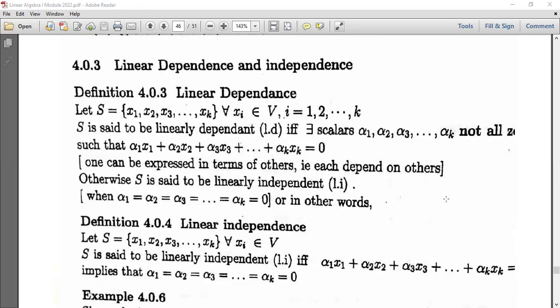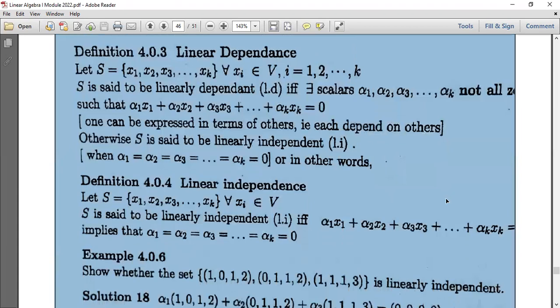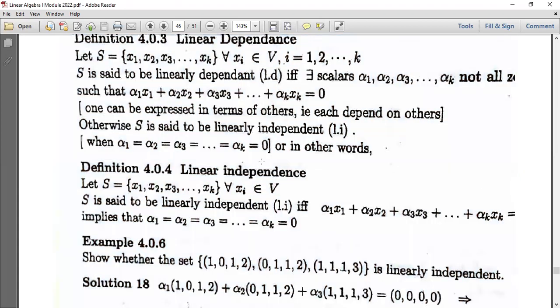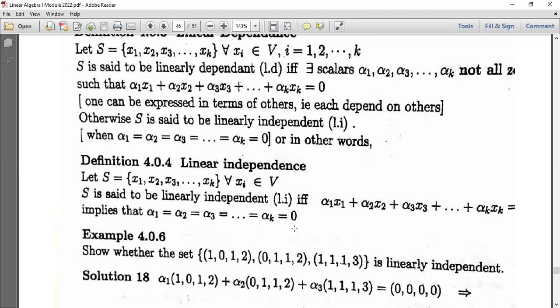Now, linear independence: we have a set S as usual, then S is said to be linearly independent if and only if this linear combination equals 0. There's a 0 missing here; I think the scan missed the 0. If the only time this linear combination can be 0 is when all the constants are zeros.